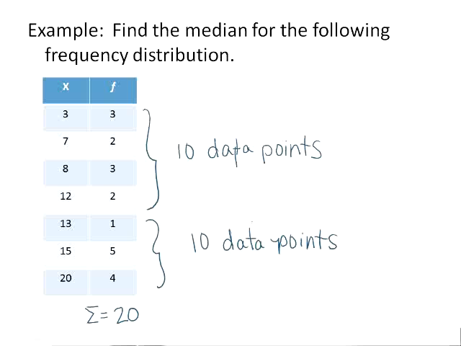So that means that the median is going to be the average of the 10th and 11th data point.